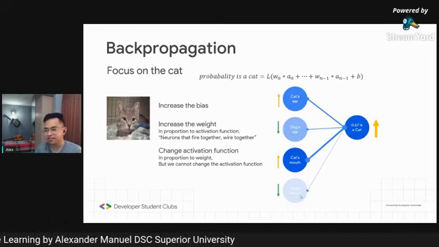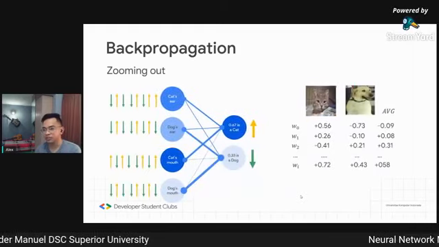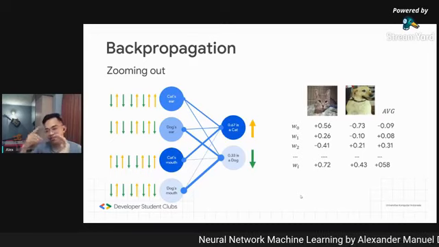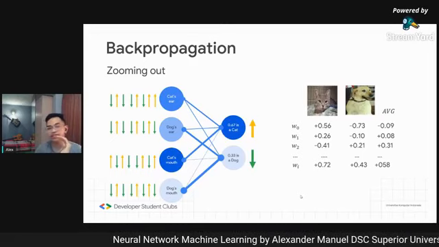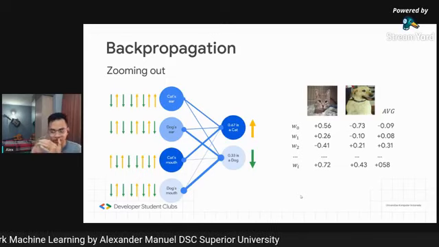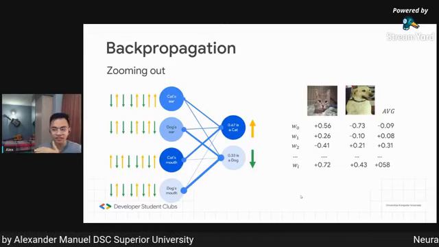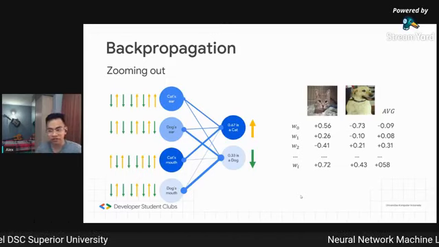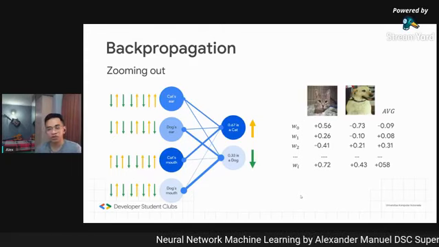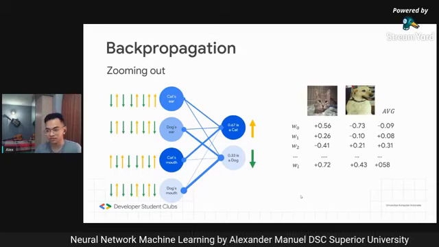But it's not just that. Let's zoom out a little bit. There are tons of ups and downs that we need to configure. If we only configure the cat's ear and cat's mouth, the model will only learn about cats, but we need to learn about the dogs also.